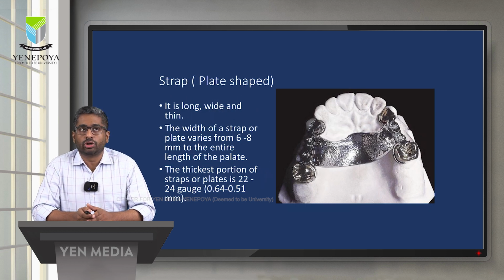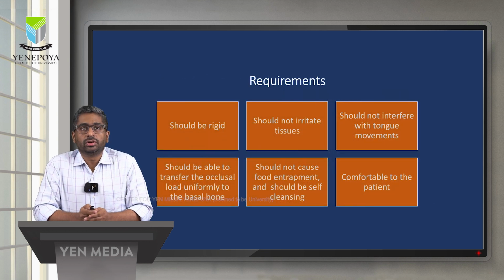Coming to the strap shaped or the plate shaped major connectors, it's a long, wide and thin shaped major connector. The width of the strap or the plate varies from 6 millimeters to 8 millimeters in length of the palate. The thickest portion of the strap or the plate should be at least 22 to 24 gauge, that is 0.64 to 0.51 millimeters. Now let's summarize the various requirements of a major connector.